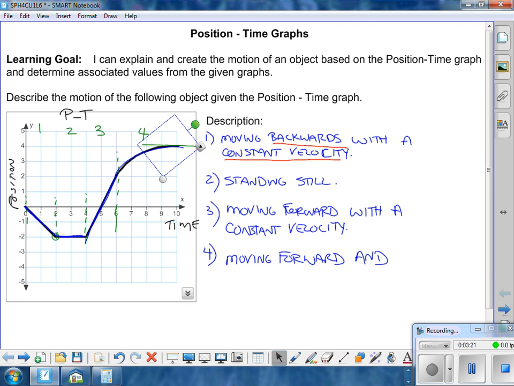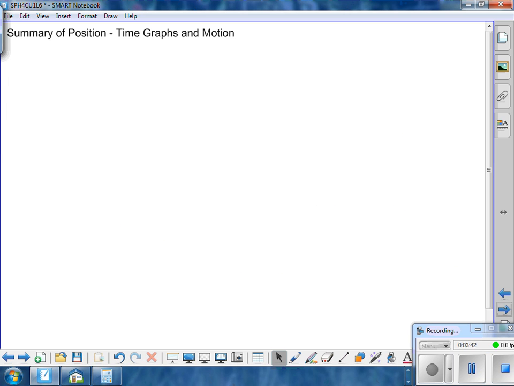If it's going to be a horizontal line, that means you are coming to a stop. So you're moving forward and you are slowing to a stop. It's important to be able to describe each stage. This is what I would expect on an assessment.